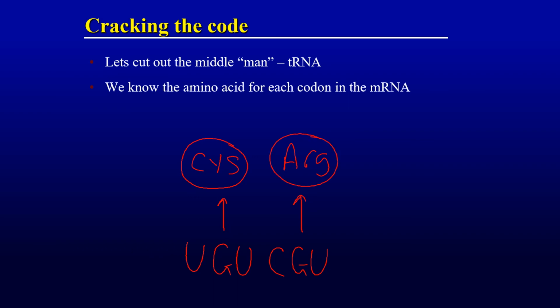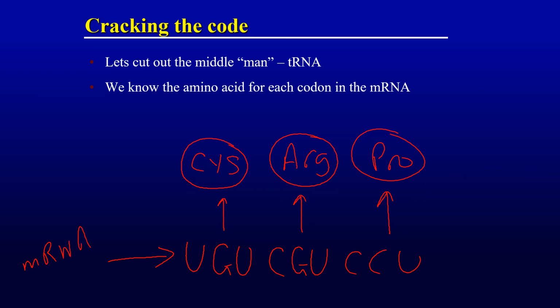And we knew that the codon CCU corresponded to the amino acid proline. All right, so all we need then are the codons. The messenger RNA codons enable us to determine the amino acid sequence.